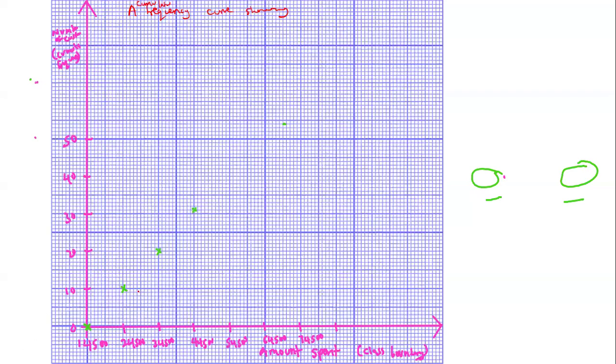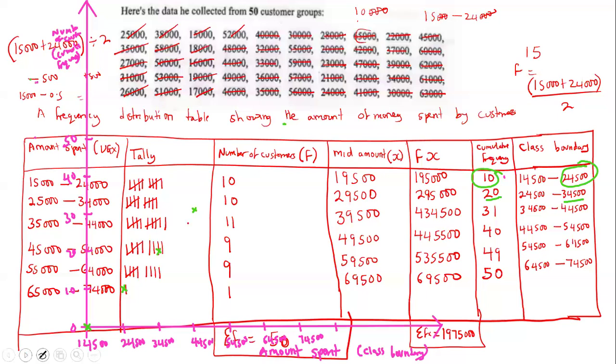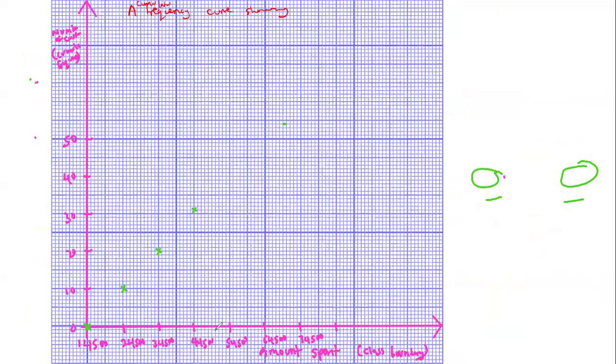Then the next was 40. Then I'll come here and say 40 here and 40. 40 is somewhere here. Then the next one was 49. This and 49 somewhere here. And then the last one is here and it is with 50. So that is how we are going to label. Kindly let me know whether we are on the same page.